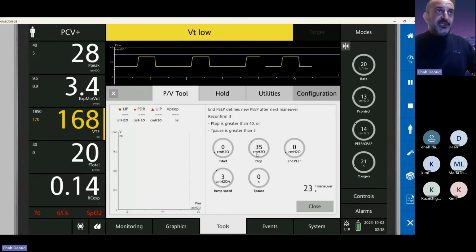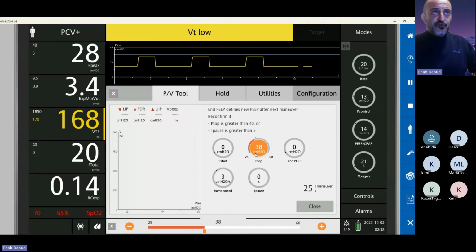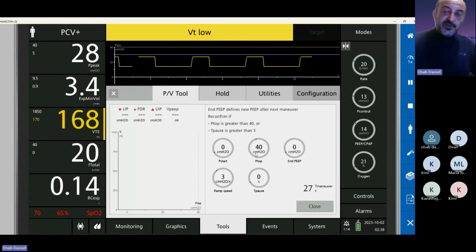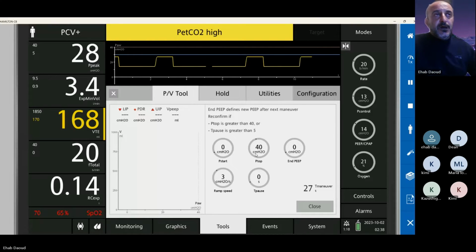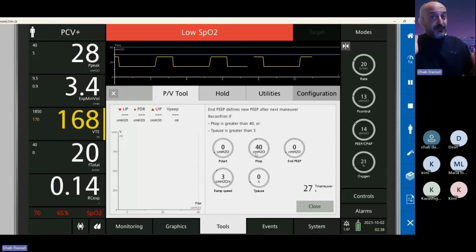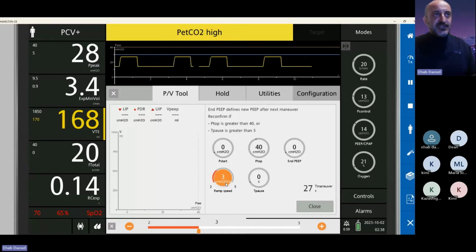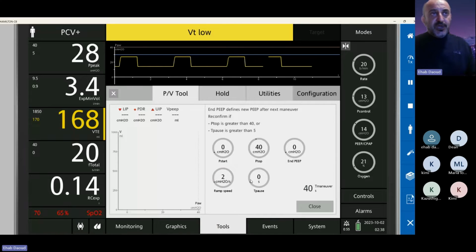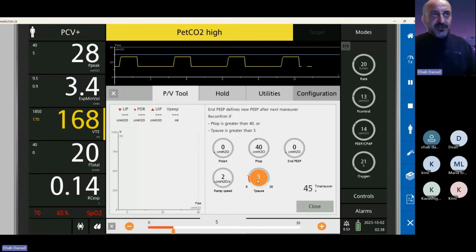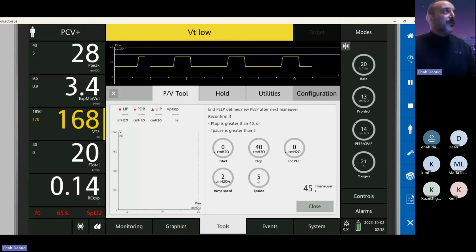Again, this is transient. I go up to a pressure of 40, and usually you would hear that recruitment maneuvers are called 40 centimeters of pressure for 40 seconds. There is, of course, a lot of debate on how to do recruitment maneuvers, and again, there are so many ways. But this is, I think, the one that's easy to understand. I will do the speed very low, and I want to put a pause at the end of inspiration.